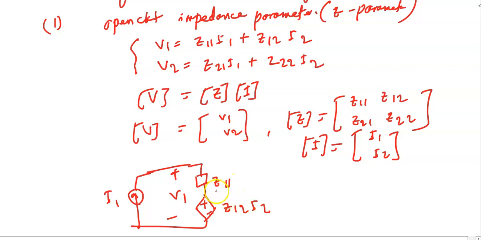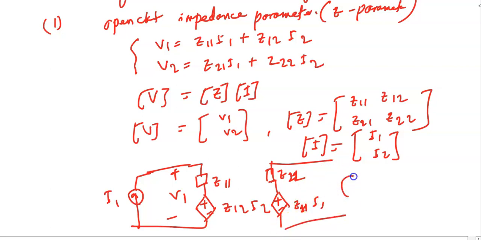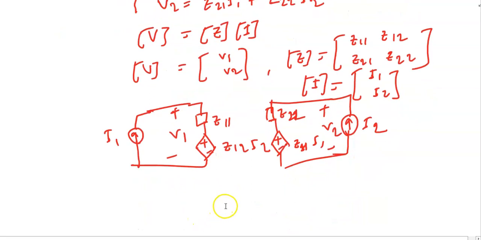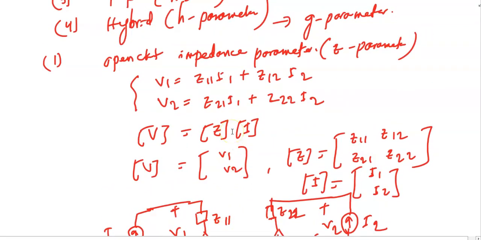And on this side, this is Z22 and Z21 I1, and the current source is your I2, and this is your V2, right?